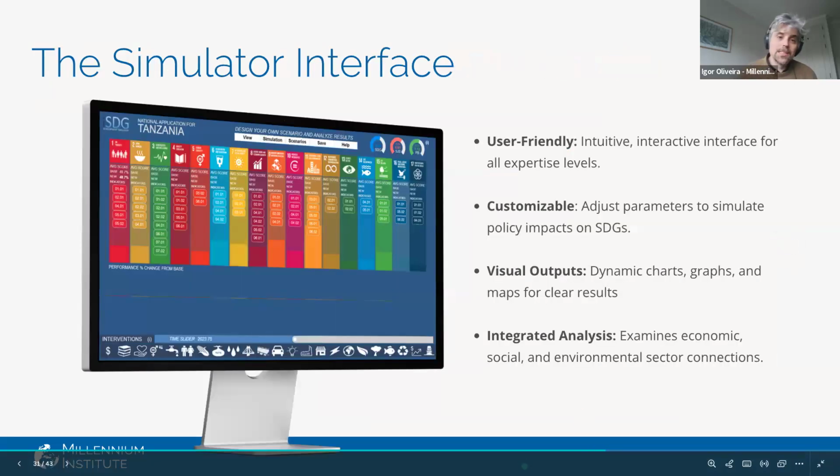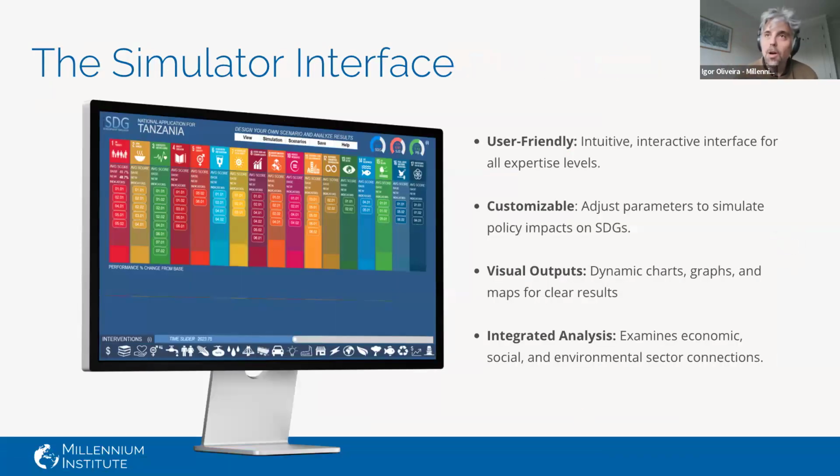Thank you. So you can see that all of that complexity, all of those complicated data sets that we employ, in the end of the project look very simple when you use our interface and simulate different scenarios with policies here and there. But before that, there are a few steps.